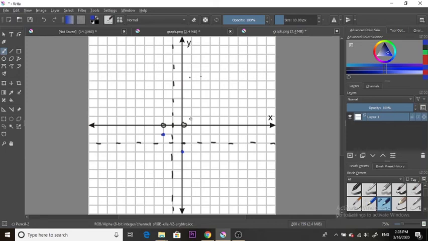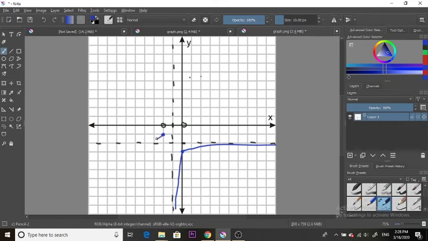And now what you want to do is draw in that curve. Let's try that again. Draw in that curve. The curve has to pass through this point here that you've drawn.